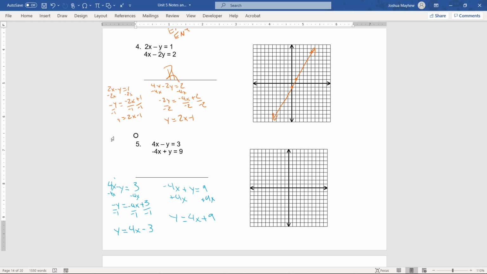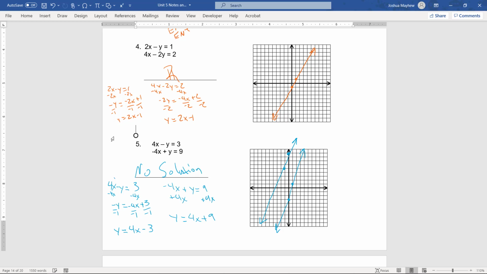If I graph this one, y-intercept of -3, slope of 4. Next one has a y-intercept of 9, slope of 4. So you do get parallel lines. They do not intersect. Since they do not intersect, there is no solution.